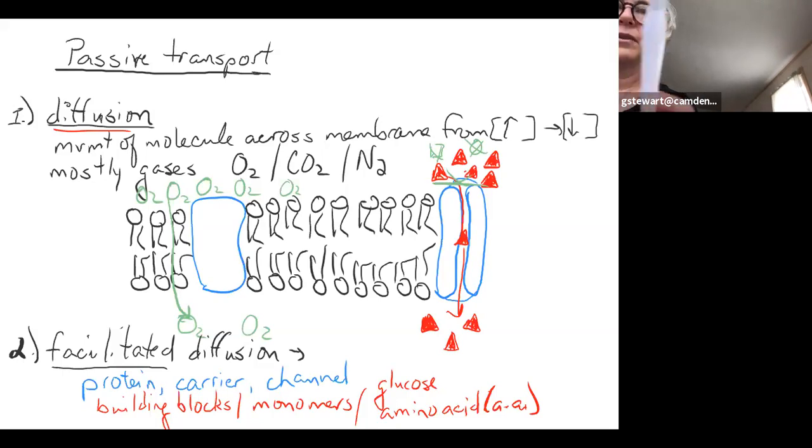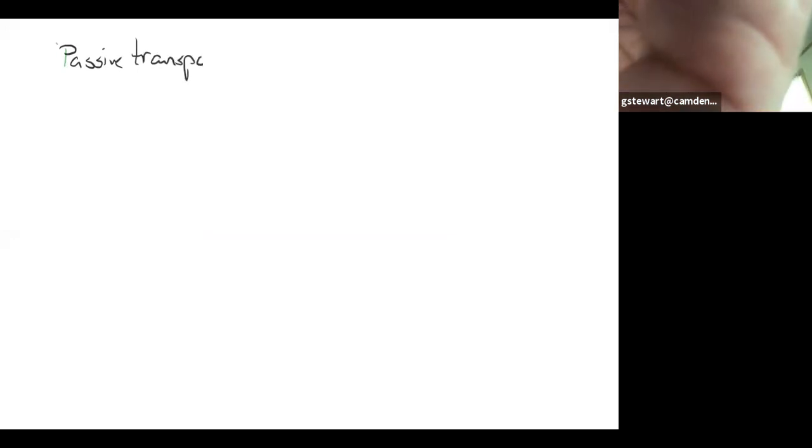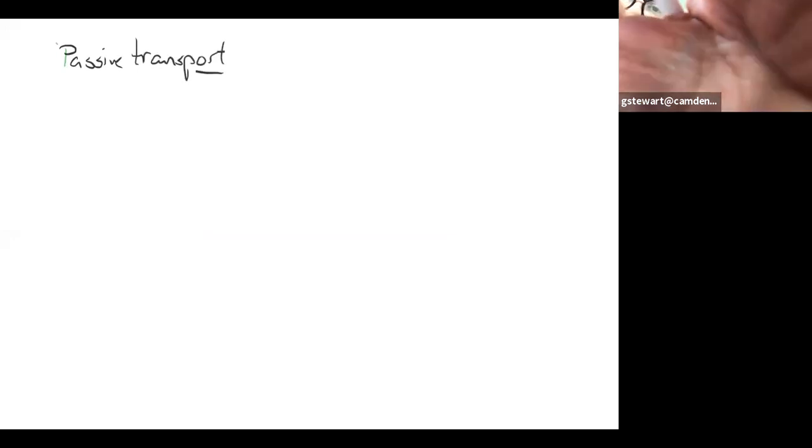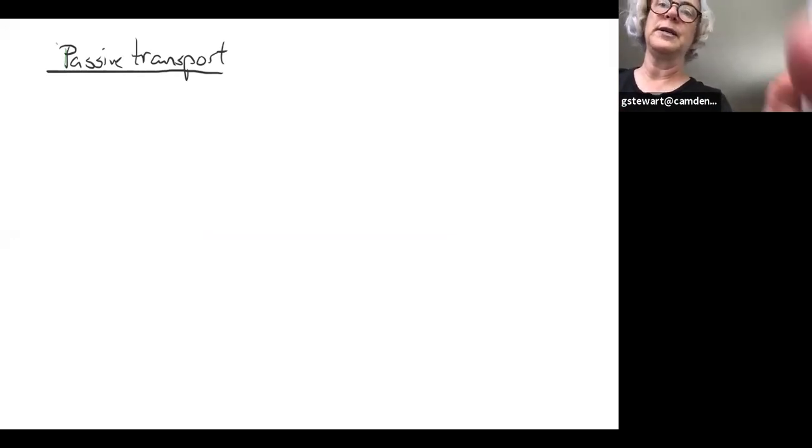Okay, I'll pause for a minute while I erase this. And then the last type of passive transport that we need to talk about. So this is the third specific type of passive transport. And again, as I wrote that, I remind myself, no ATP required, moving from high concentration to low concentration.